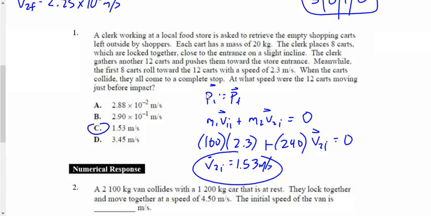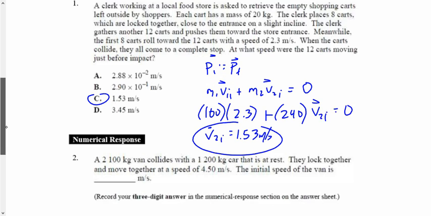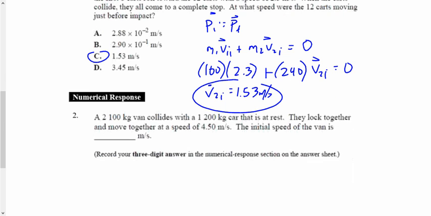In numeric response number 2, a 2,100 kilogram van collides with a 1,200 kilogram car that's at rest. They lock together and move off at 4.5. This is a pretty straightforward one. PI equals PF. We're going to say 2,100 kilograms times V1I, the initial speed of the van, plus 0, because the second one is at rest, equals, they lock together, so the total mass after they collide is going to be 3,300 kilograms.